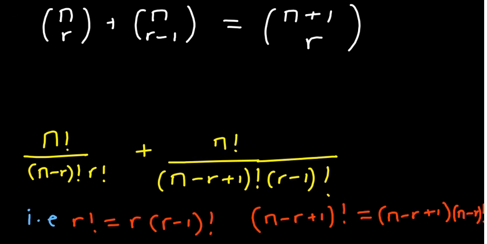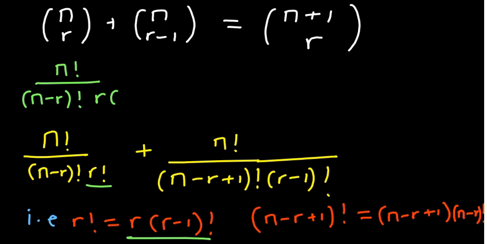So I'll leave the top part. I'll expand. We have n factorial over, now while there's r factorial, we'll maintain n minus r. Now we said r factorial is bigger, so we can expand it as r times r minus 1 factorial, plus the other side, n factorial is to be maintained on top.